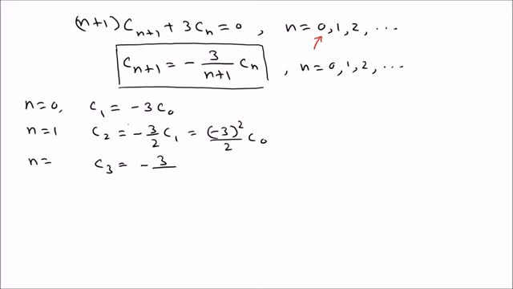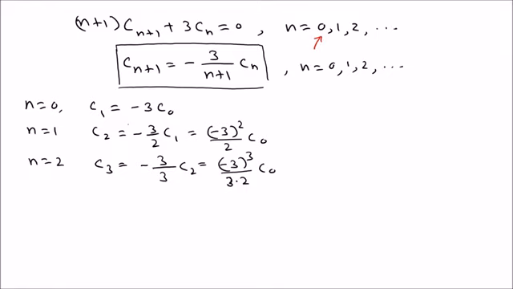If you plug in n equals 2, then this becomes 3 c2. Now we know c2, so we can find the c2 value here. So when you plug the c2 value, because c2 comes from the previous step, you get another negative 3 over 3 times 2, c naught.